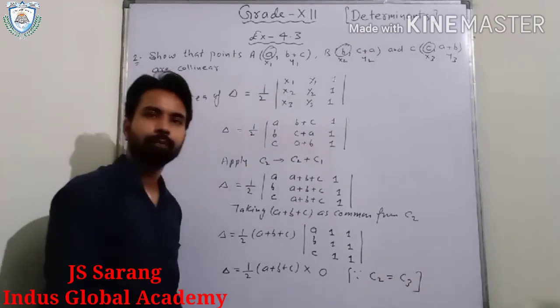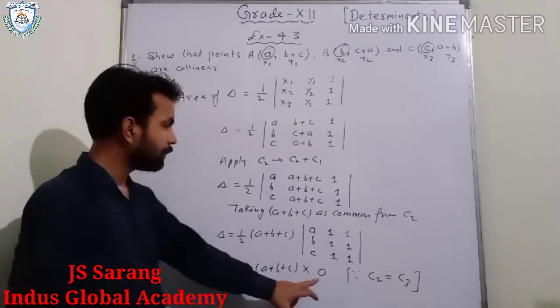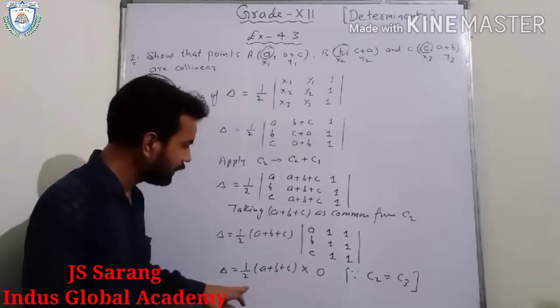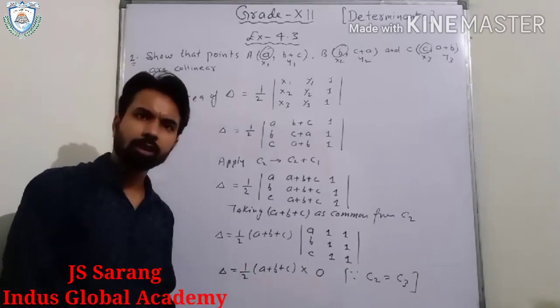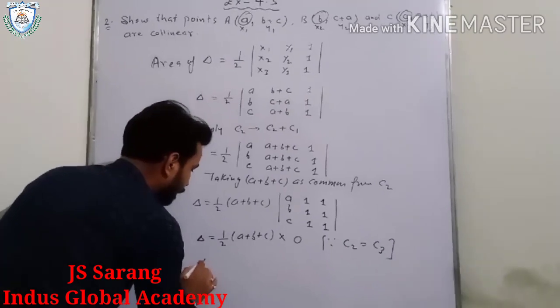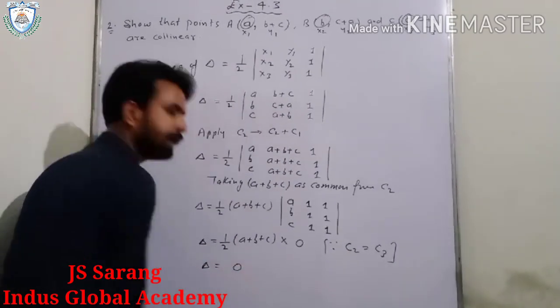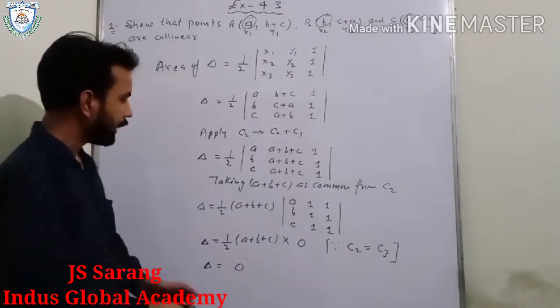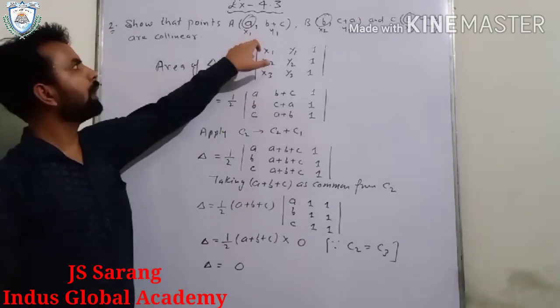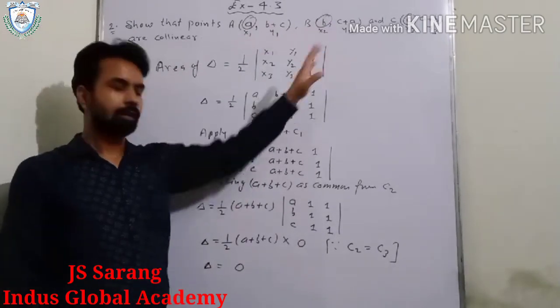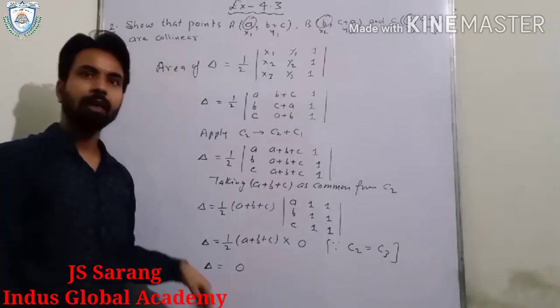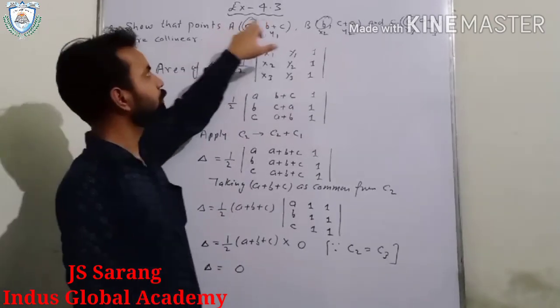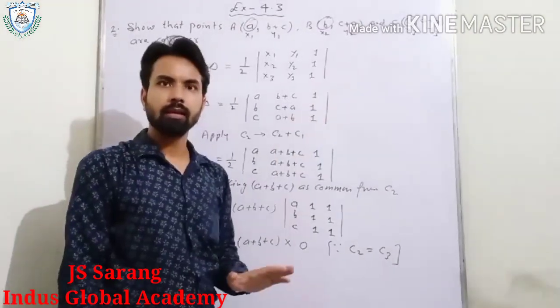Understood? Now if we multiply 0 with any value, then the whole value becomes 0, so delta equals 0. So here the area of the triangle formed by these 3 points A, B, C is 0. That means we can say that the given points are collinear. Understood?